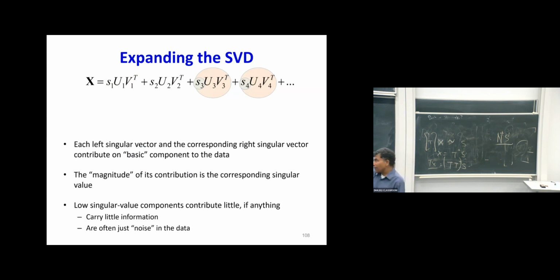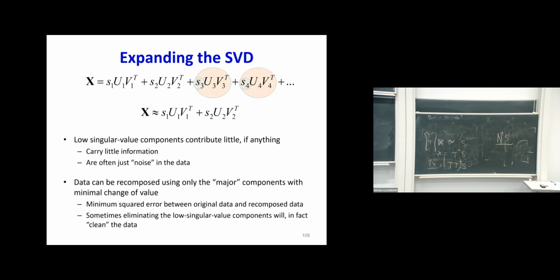So if I just want to retain most of the energy in the data and throw away the least significant components, here's what I can do. I can look at all of the S's, and if the S's are small, that portion can be completely disregarded without changing the energy in the data itself, right? Because they're very small.